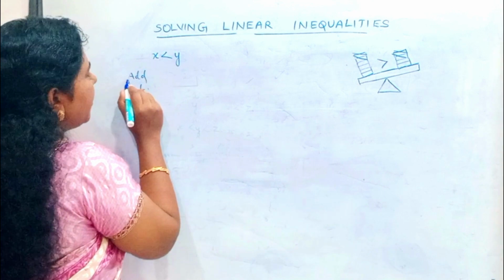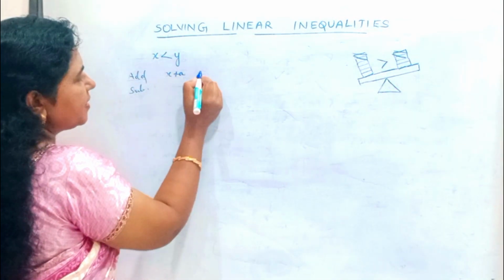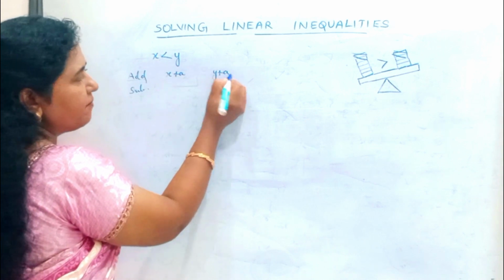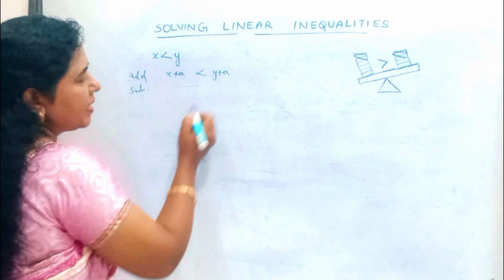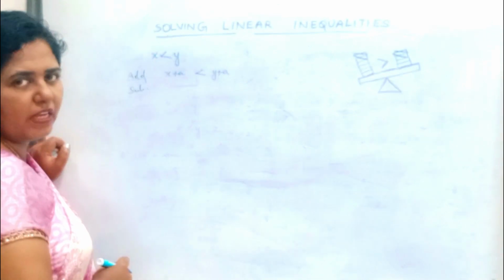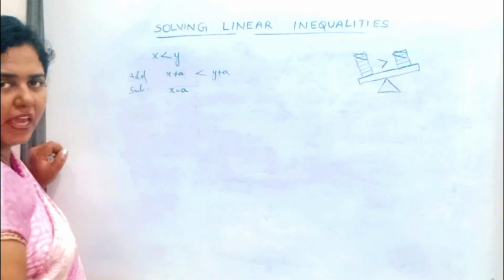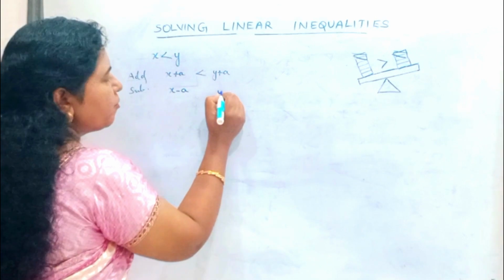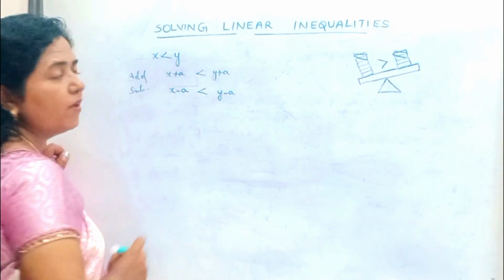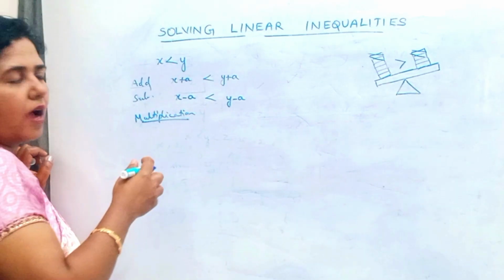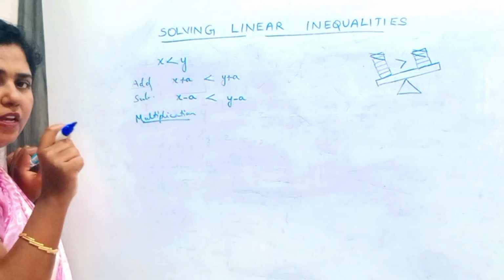That is, if I add some value a to the left hand side and the same value a to the right hand side, the sign of inequality will remain as such. Coming to subtraction, if I subtract a from the left hand side and the same value from the right hand side, there will be no change in the sign of inequality.